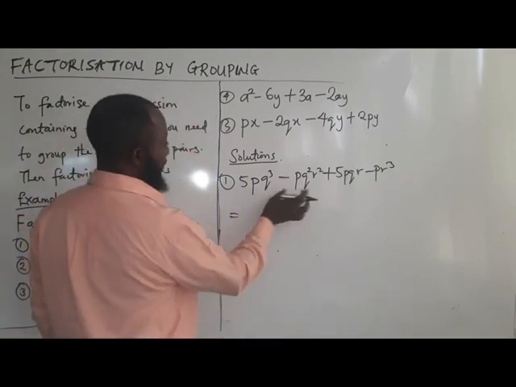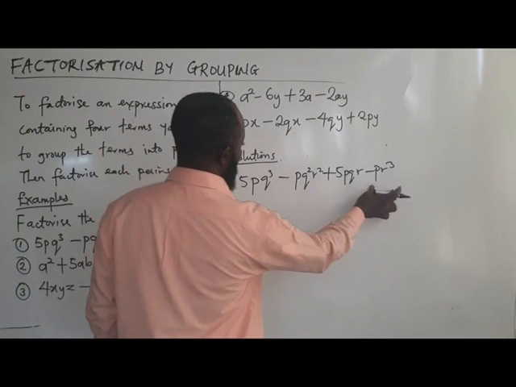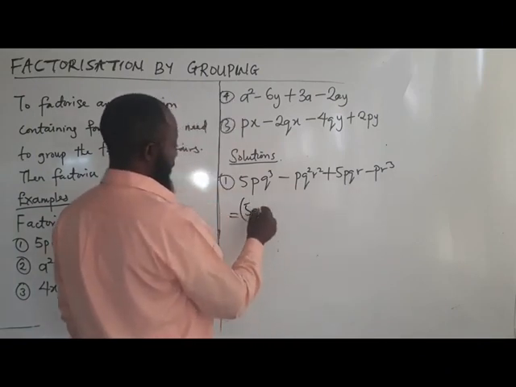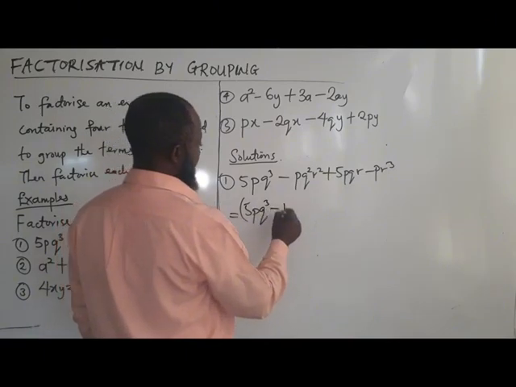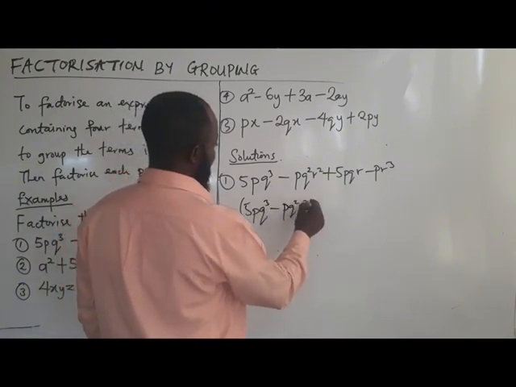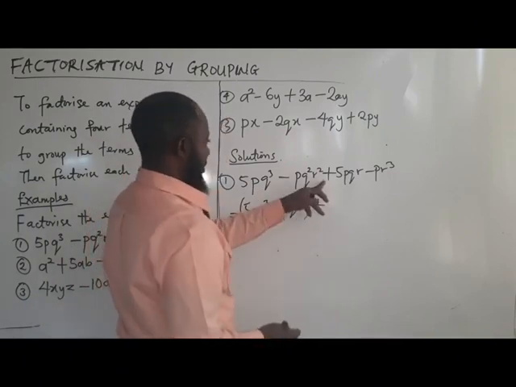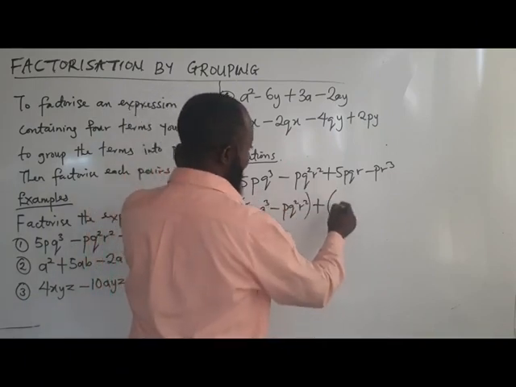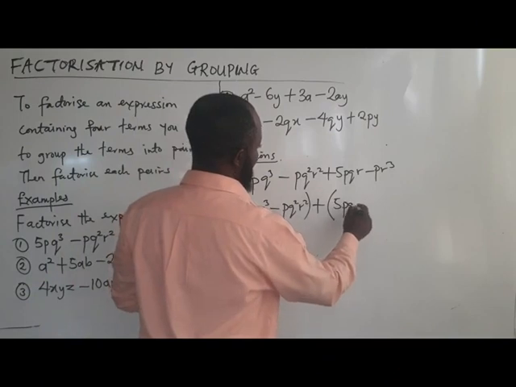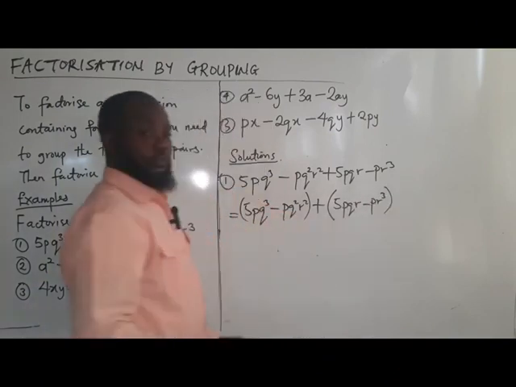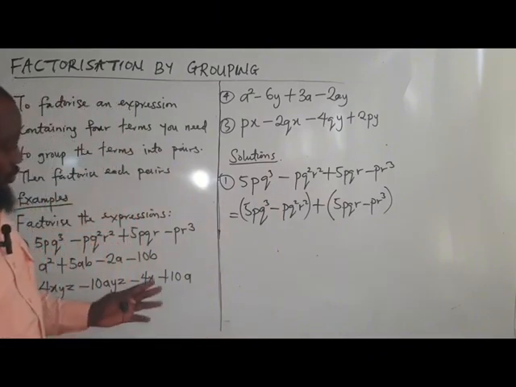We group the first two and the second two. So that's going to be 5pq cubed minus pq squared r squared, that's the first pair, plus, then open a bracket, 5pqr minus pr squared q. So we have grouped them into two pairs.